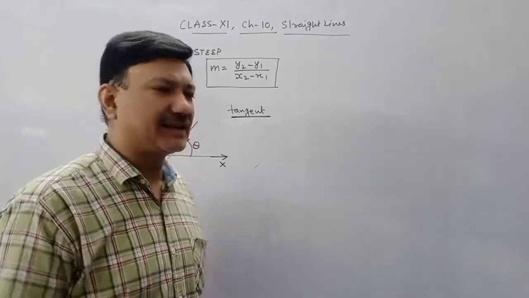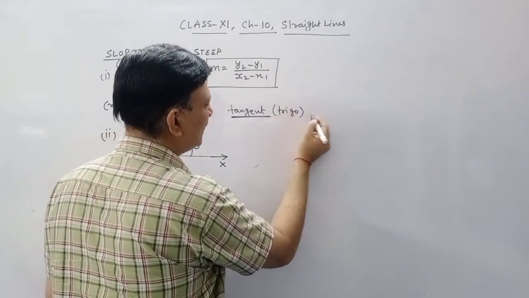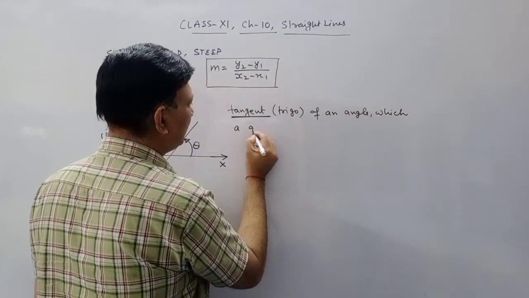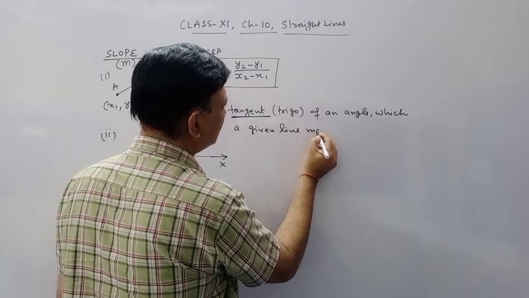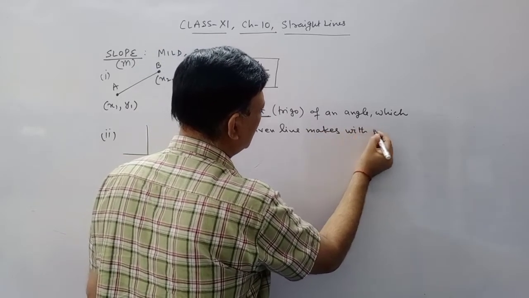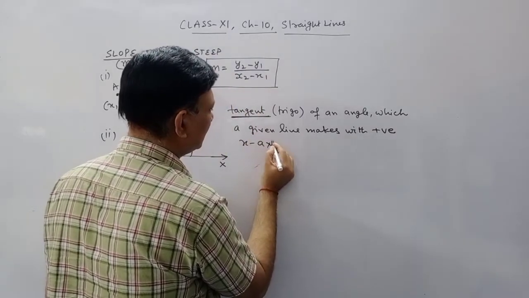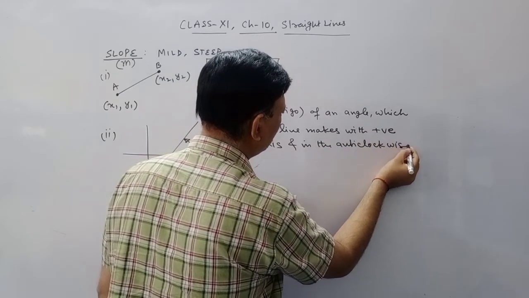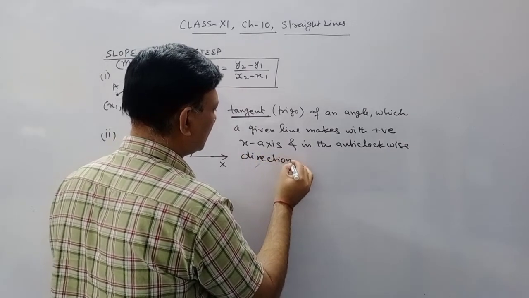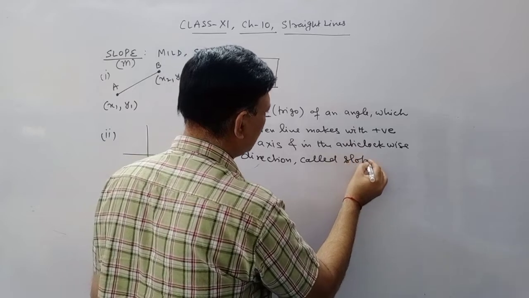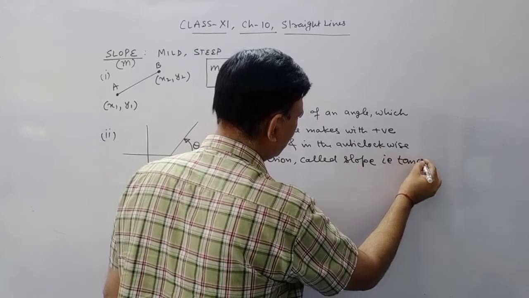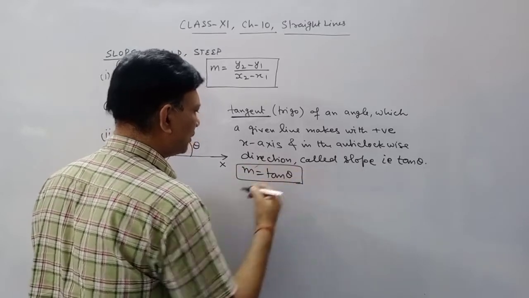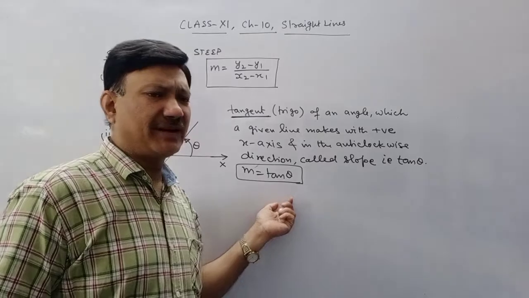This tangent is not from the circle; this tangent is from trigonometry. The tangent of the angle which a given line makes with the positive x-axis in the anti-clockwise direction is called slope, that is tan theta. So the first formula of slope is this, another formula of slope is this.